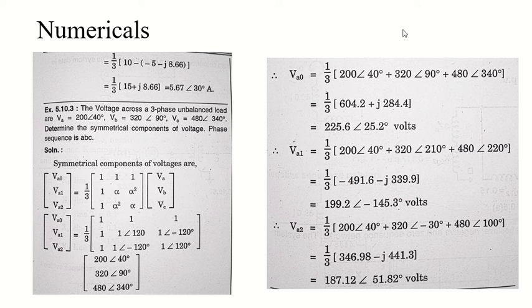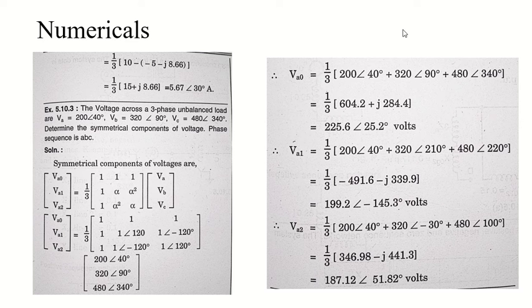So we can simply directly implement the formula of symmetrical components of my voltages. The symmetrical component matrix of V will be equal to 1/3 A inverse into matrix V, and matrix V is basically the voltages across my three phases.